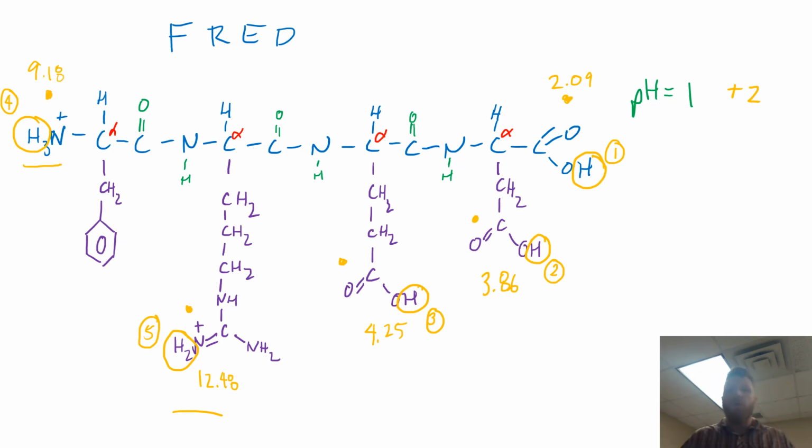Okay, so this peptide right here, this Fred peptide, in a solution where the pH is 1.0, has an overall charge of +2. When we are at pH equals 2.09, what is the charge of the molecule?